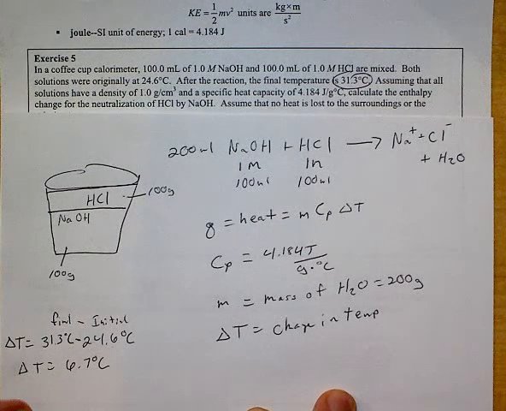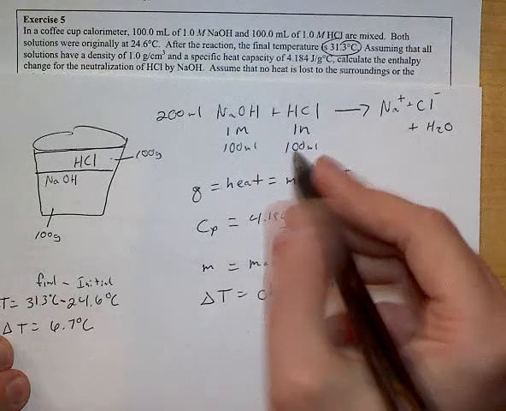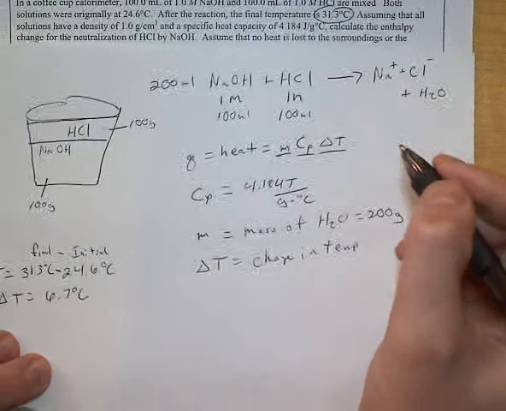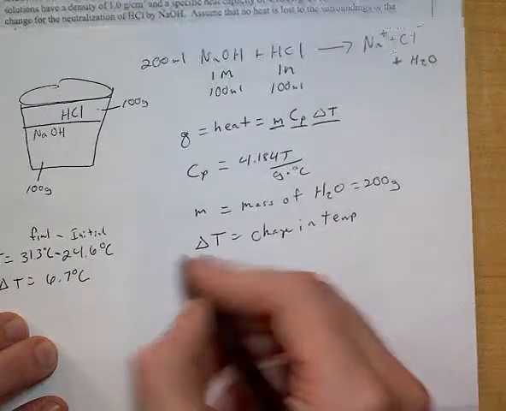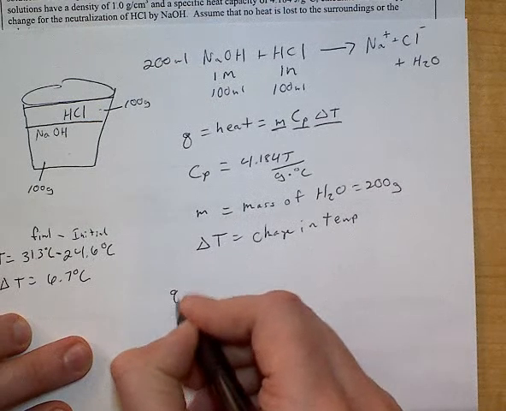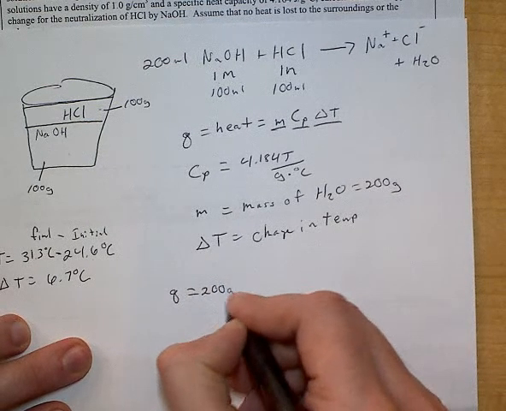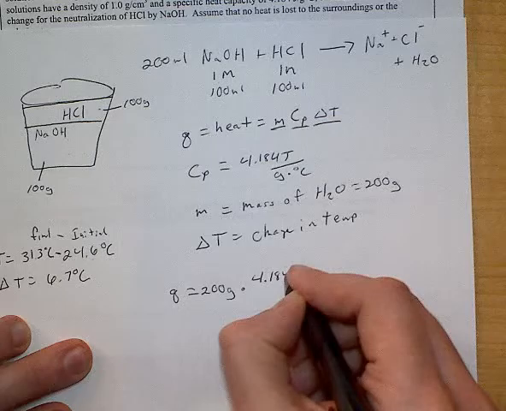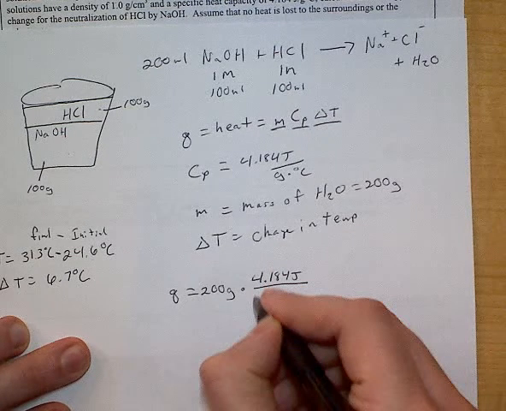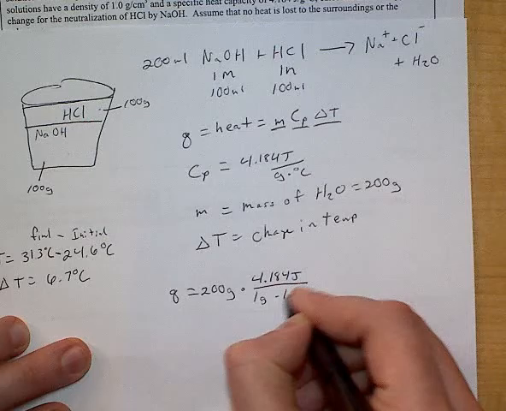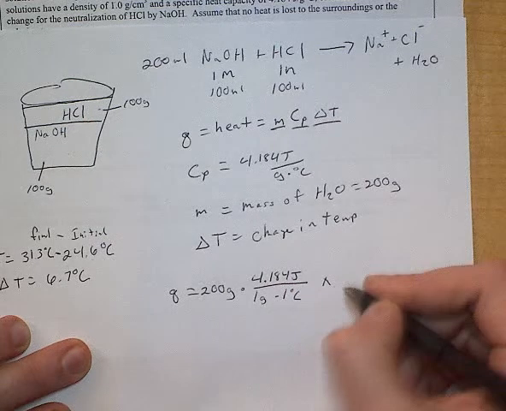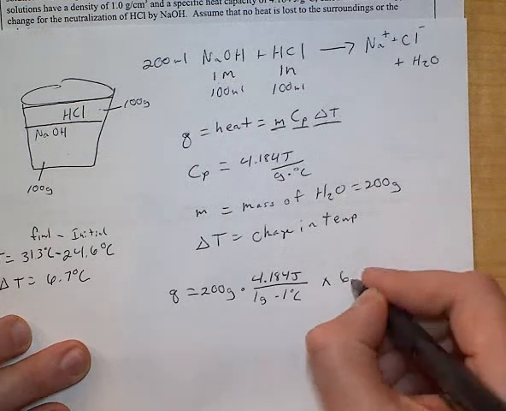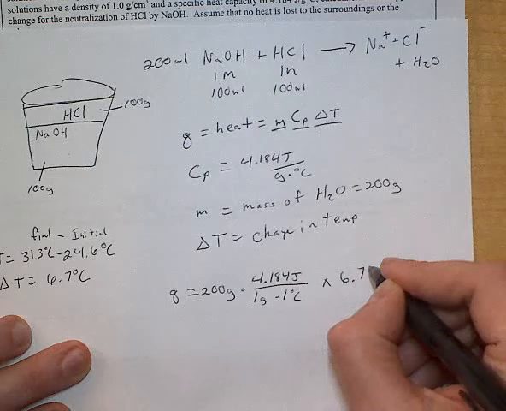So now we have all of the pieces for our formula. We have the mass, we have the specific heat, and we have the change in temperature. With that, it's fairly simple to plug and chug this in, as you guys are used to doing in physics. Q equals 200 grams times the specific heat, which is 4.184 joules per 1 gram per 1 degree Celsius, multiplied also by our change in temperature, which is 6.7 degrees Celsius.